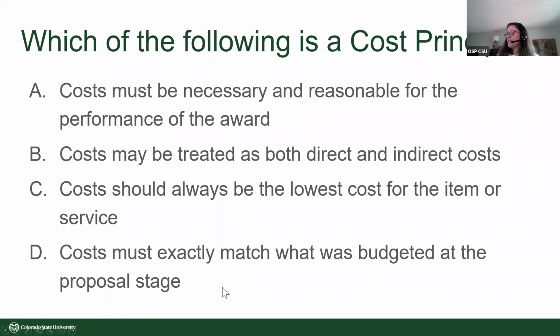This is something I think is important for folks to remember, that your costs are never going to exactly match what's budgeted at the proposal stage. That would be amazing. Okay, so A, necessary and reasonable.